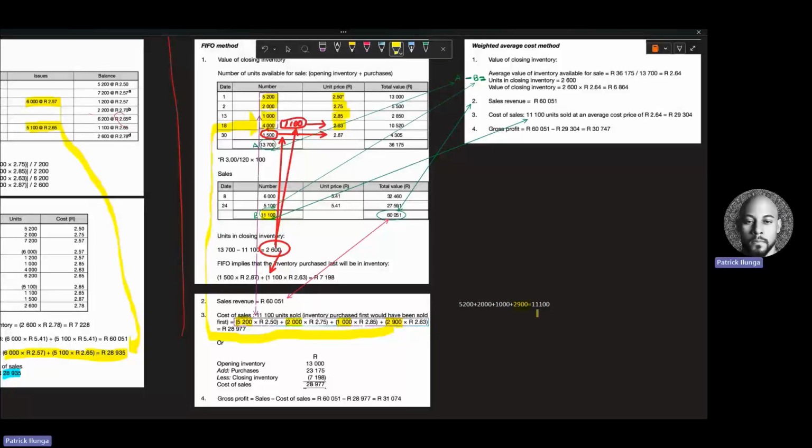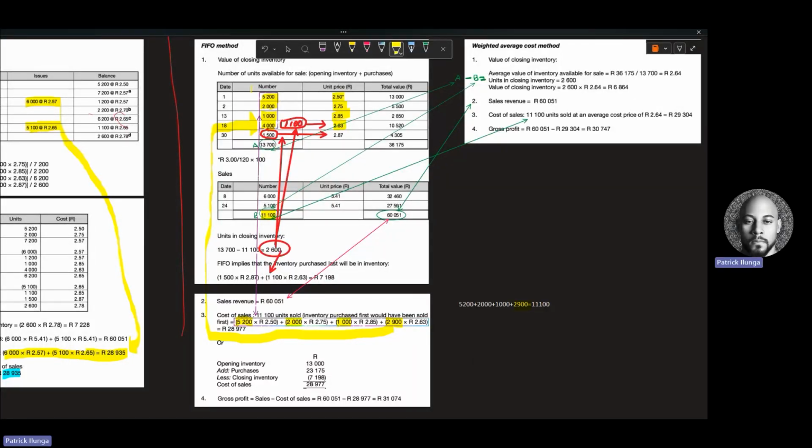So we will start. For us to calculate at the end of the period, the FIFO requires us to take what came in first as the one that we're going to take out first. What came in first was the 5,200 units at 2.5, then the 2,000 units at 2.75, then the 1,000 units at 2.85.